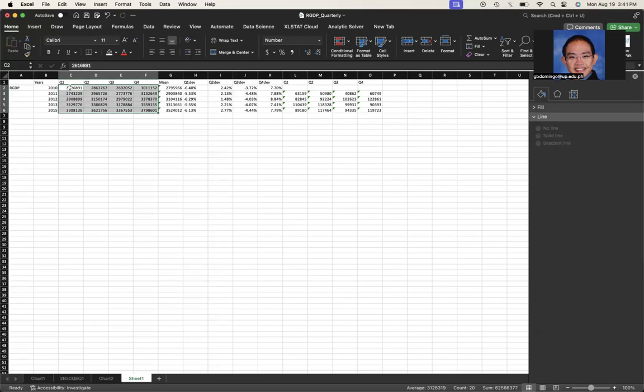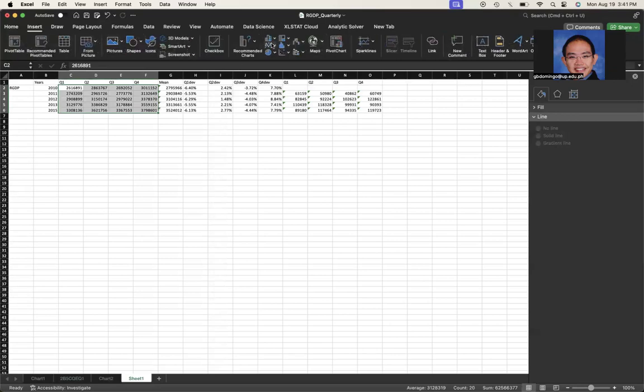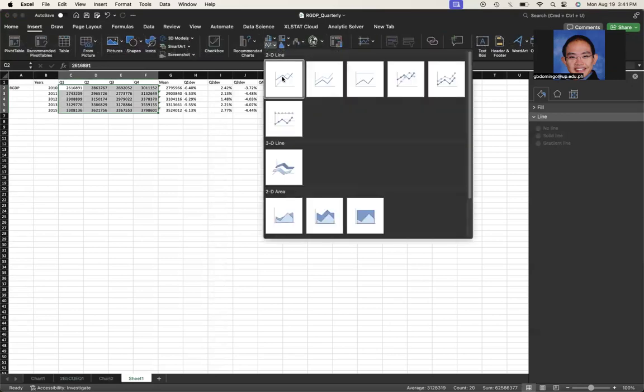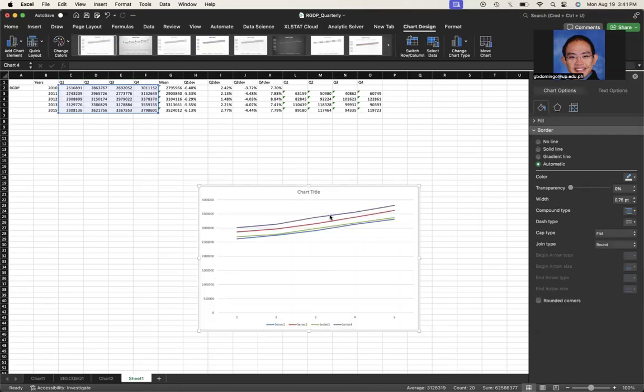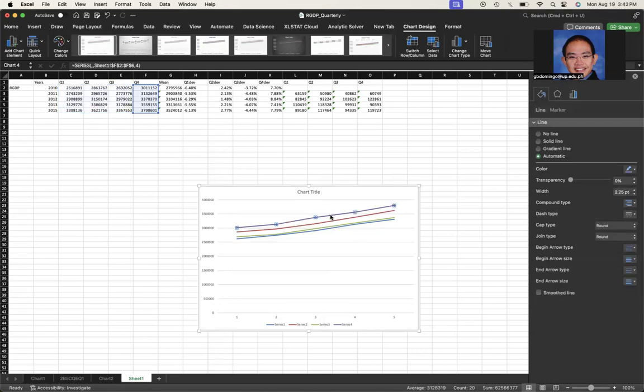This time we're using Excel and not R, but you can use any software that you have. Okay, first, let's check out this chart. The problem with this is that the columns are the data points, so it's incorrect. We have to correct this.